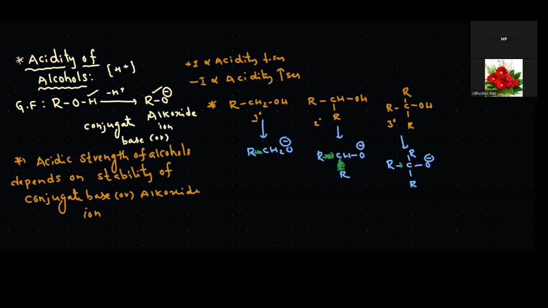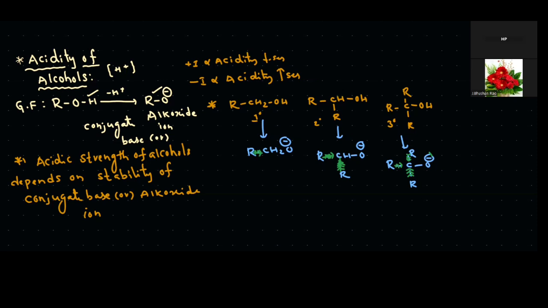That means the electron density increases more. If the negative charge increases, the stability decreases. If the number of alkyl or electron-releasing groups increases, stability decreases. So the first one is the most stable.